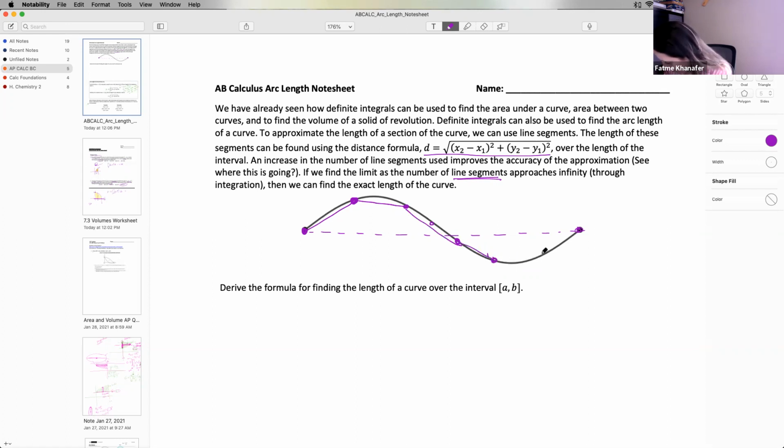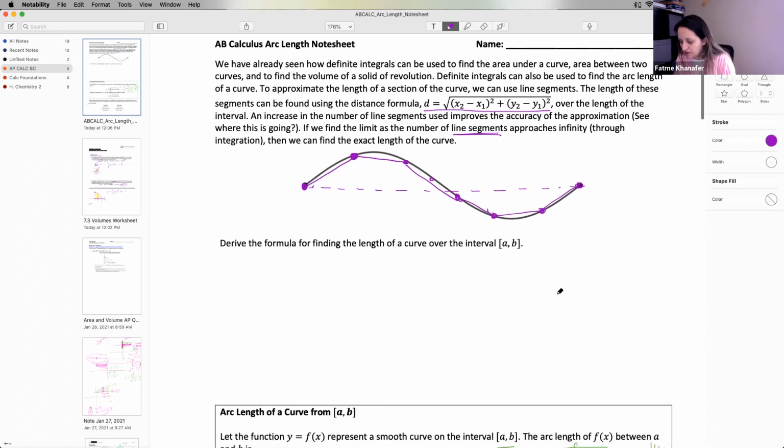Right, these are not the best lines, but I add up all of these different line segments, I can get a better approximation of the length of the whole entire curve rather than just from the beginning to the end.